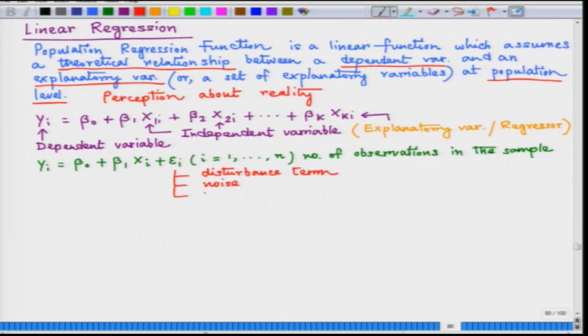Sometimes it is also called random error.